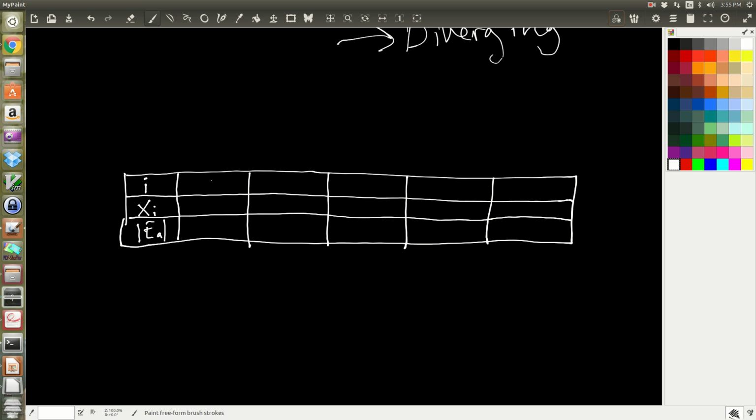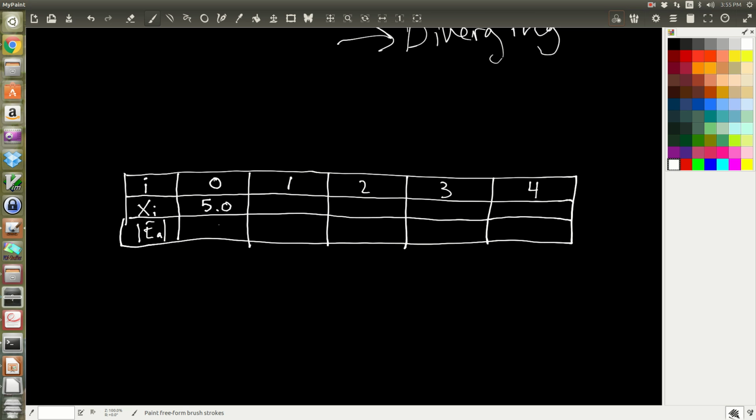So this is iteration, and this is our initial guess, so we'll call it 0, our initial guess, then our first iteration, second iteration, third iteration, fourth iteration. So we start out our Newton method or secant method with a guess of 5.